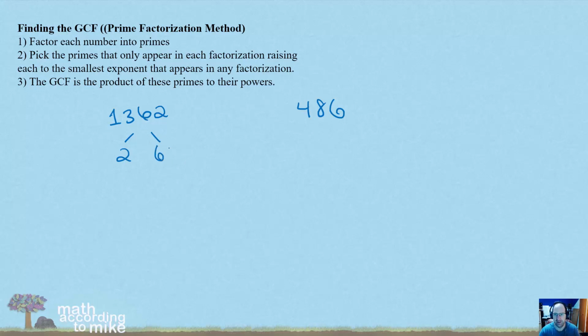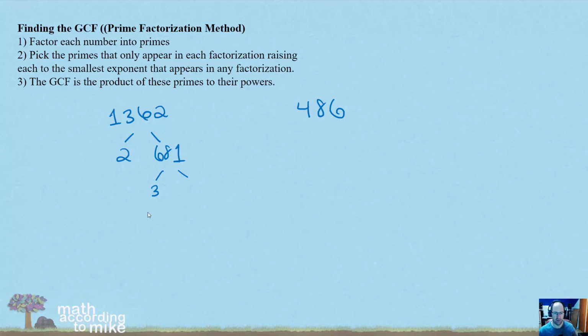All right, 681 is no longer even, so we can't use 2 anymore. But notice 6 plus 8 plus 1 is 15. 3 goes into 15, which means that 3 must go into 681. So that was your divisibility test for 3.